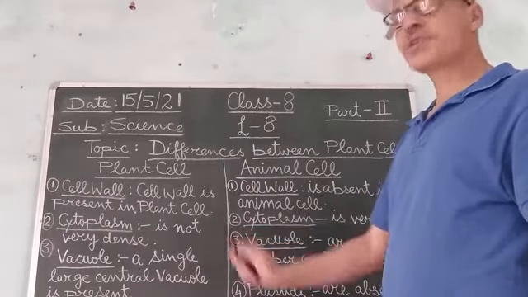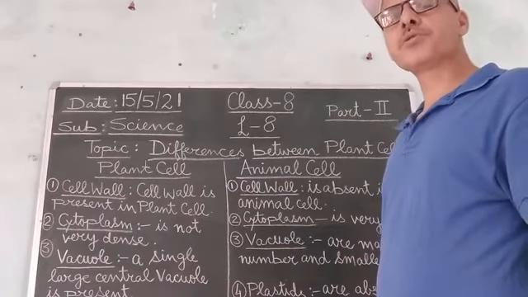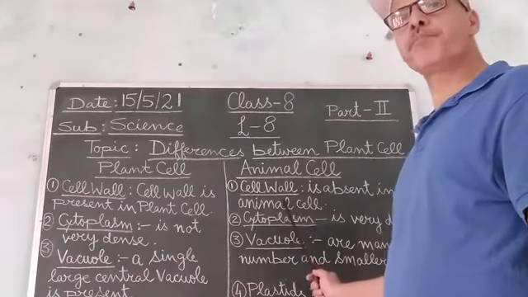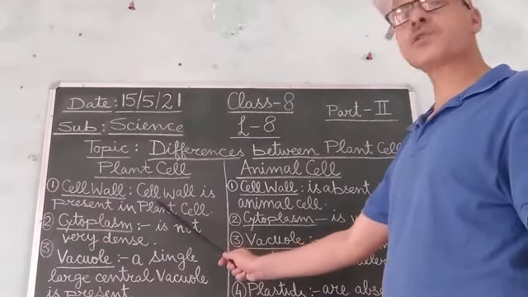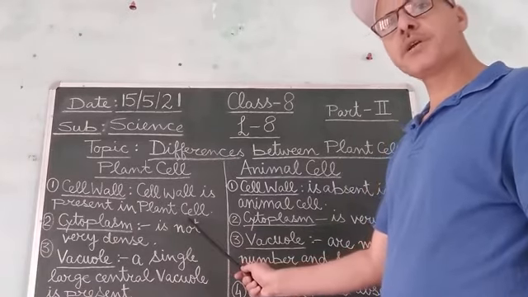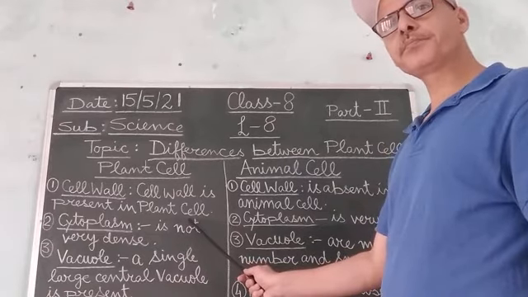So, the first point of difference between the plant and animal cell is on the basis of the presence or absence of the cell wall. In the case of plant cells, the cell wall is present and is made up of a substance called cellulose.